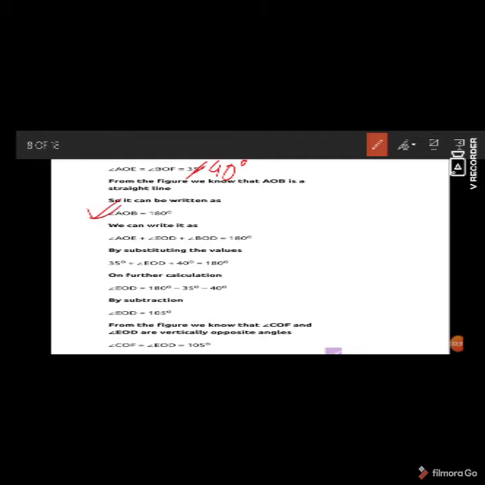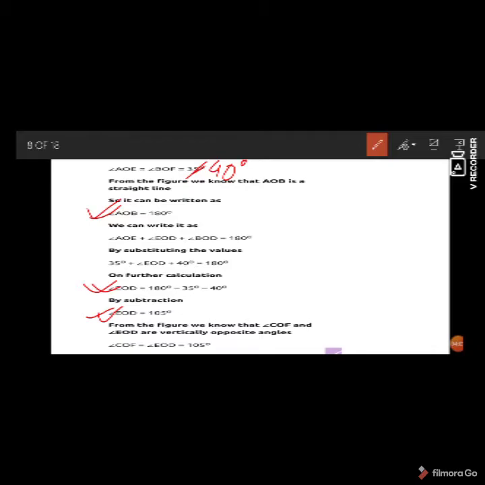So the sum of all the angles is equal to 180 degree. So we can write AOE plus EOD plus BOD is equal to 180 degree. Substituting the values and subjecting EOD, we will get 180 degree minus 35 degree minus 40 degree, which implies EOD is equal to 105 degree.